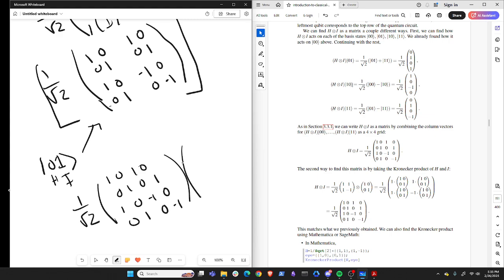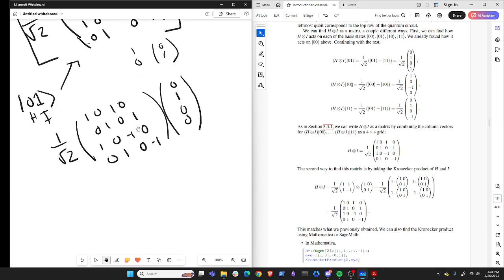Multiplied by the vector representation of this state, which is the Kronecker product of 0 and 1, which is just 0, 1, 0, 0. So to calculate, we want to multiply each row by each vector here and sum them up.